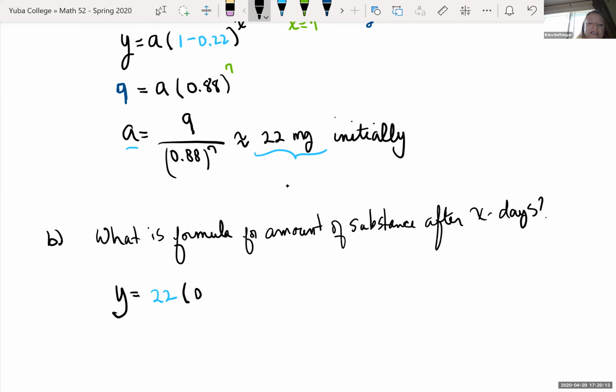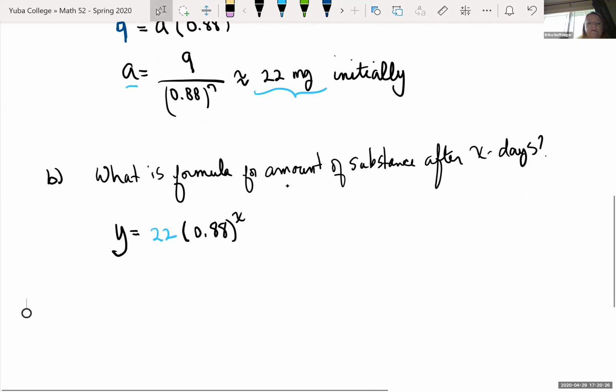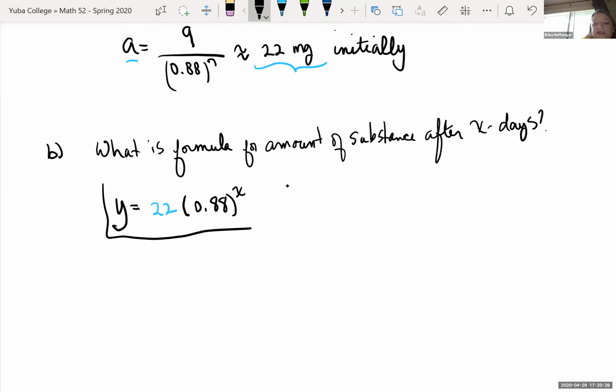So this gave us 0.88, all raised to the X power. So now we can answer anything about this substance. We could figure out how much substance is left after X number of days. If we wanted to know what it was after 10 days, we would plug in 10 for X and plug that in the calculator.